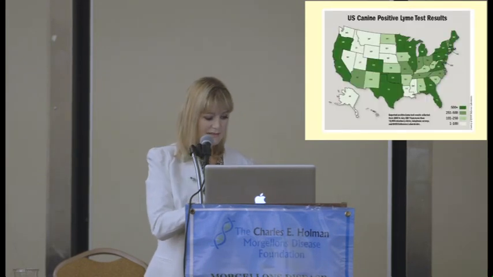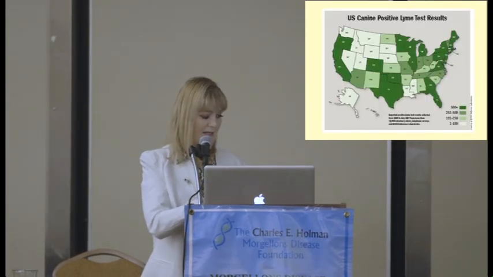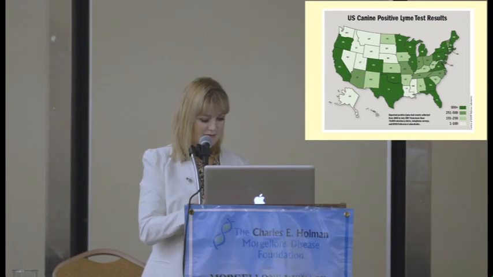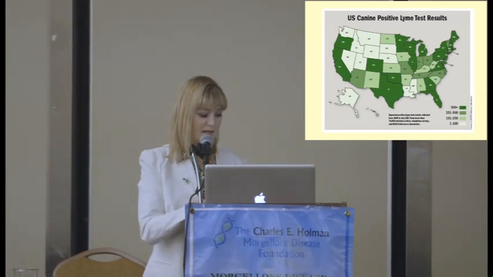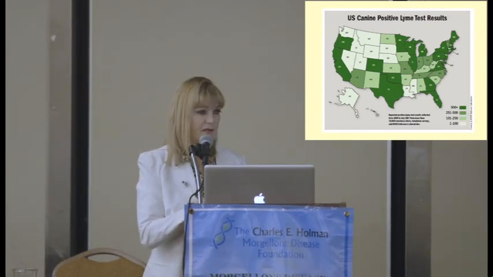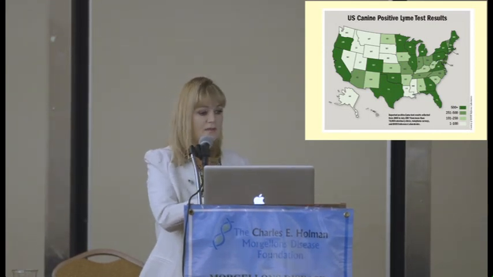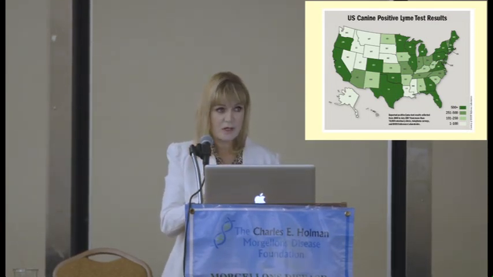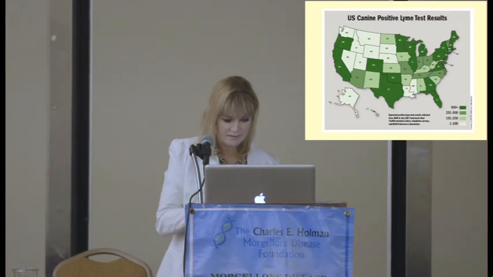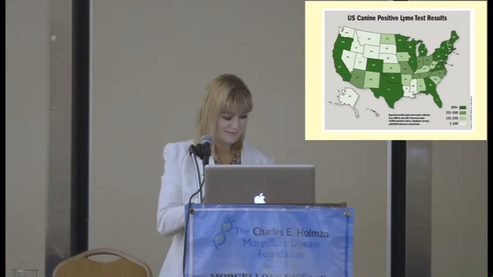This is the map for canine Lyme disease, and you can see that there are quite a few cases in Texas, California, Oregon, Oklahoma, and Florida, as well as in the New England and Great Lakes area. That's quite different than what we saw for human cases, and a little more similar to what we see for Morgellons. Of course, we know that Texas doesn't have any of this, but the dogs didn't read that.